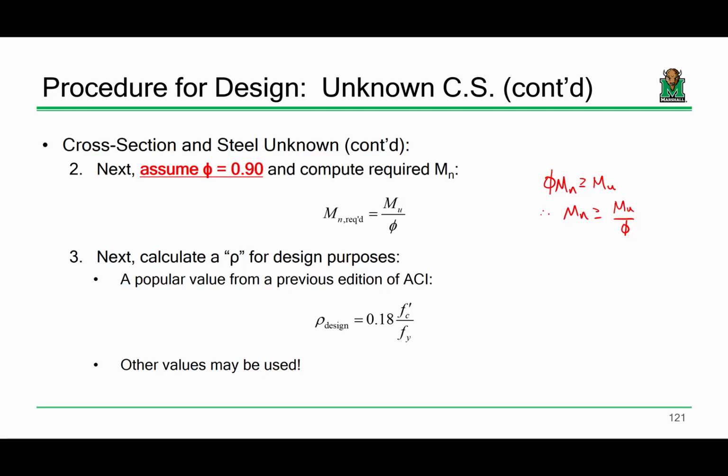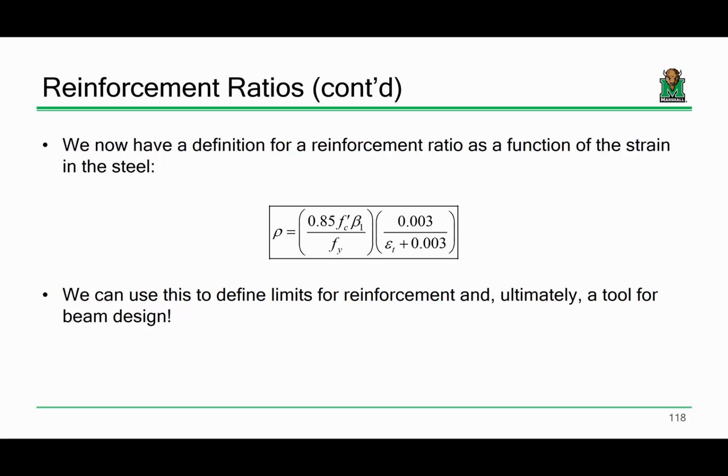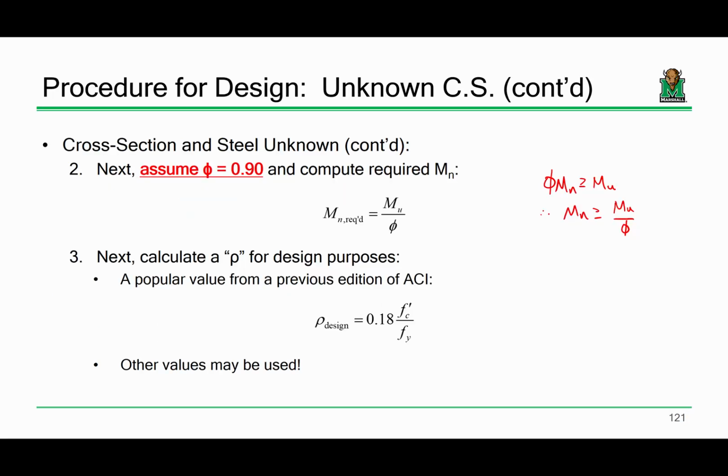once you've got your Mn required, you need a rho value. Now you can use one of two things. You can use this simple formula here, or you can use this little bit more scientific formula here. You'll know in design mode which one you need to use. If I was designing something on a desert island and didn't have any other resource to go off of, I'd use the simple formula.